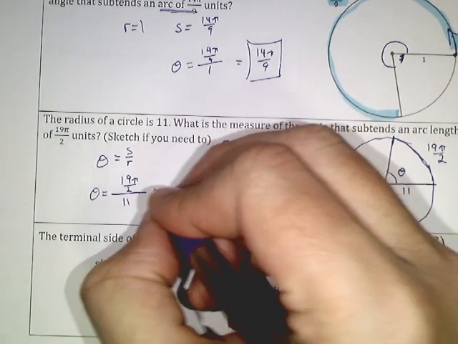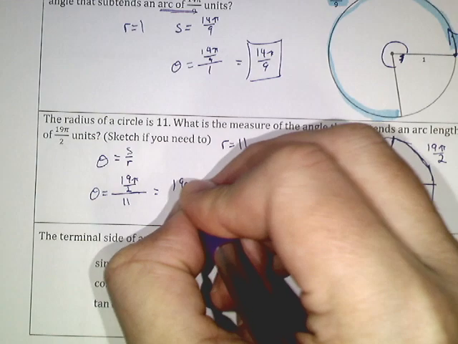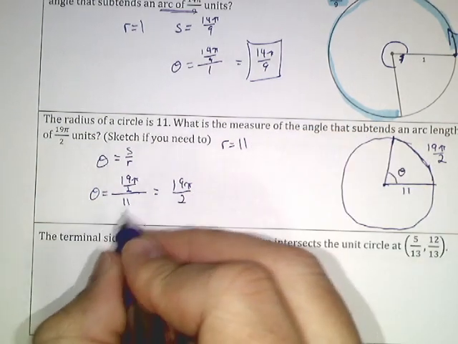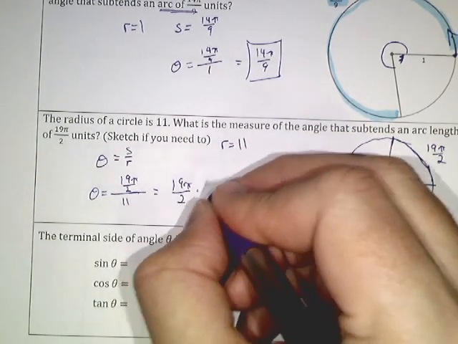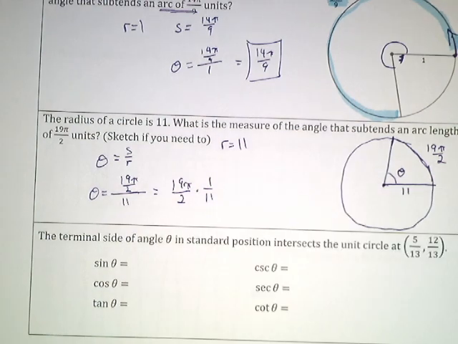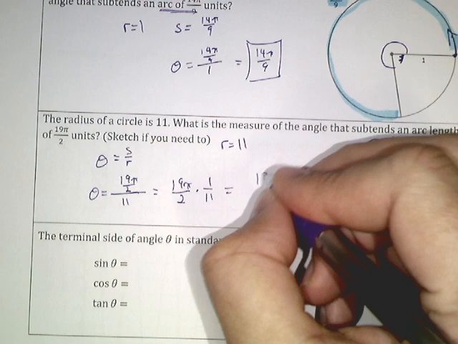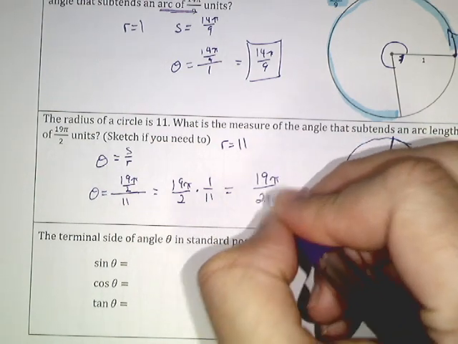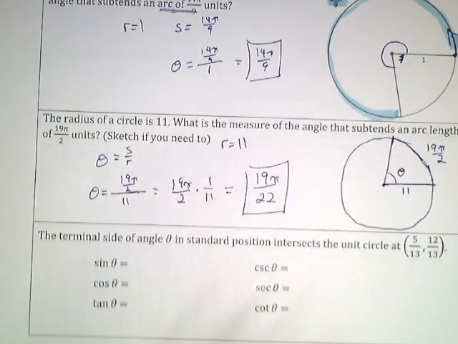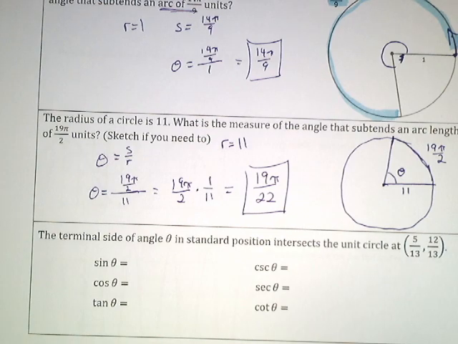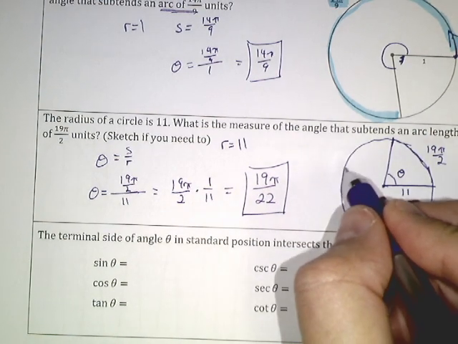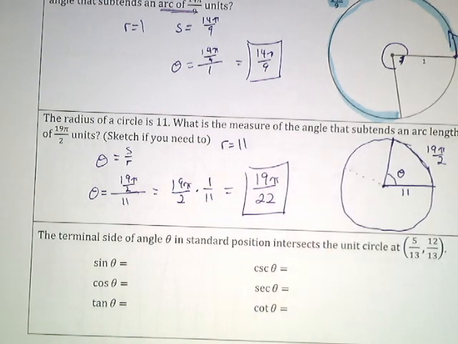I keep the top part of the fraction. I flip the bottom part, so 11 becomes 1 over 11. And the theta measurement is going to be 19 pi over 22. So it's pretty close to 1 pi. So if I sketched it properly, it'd be like right out there somewhere, I bet.